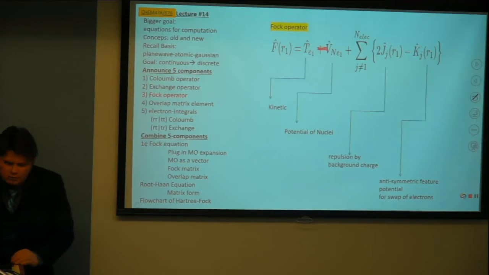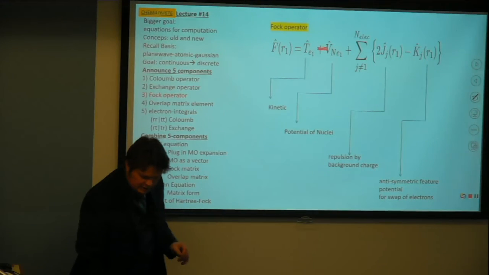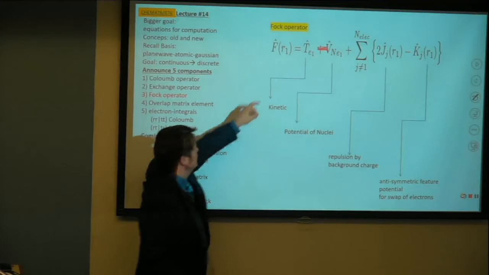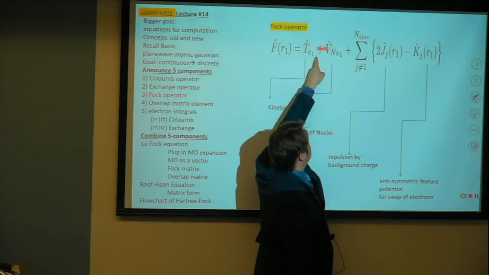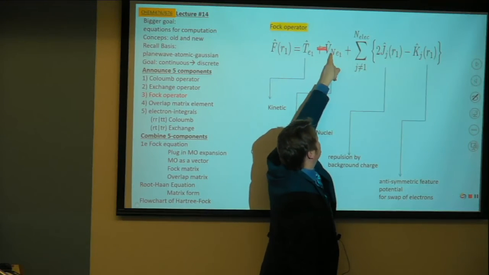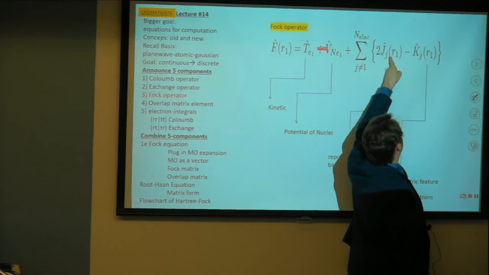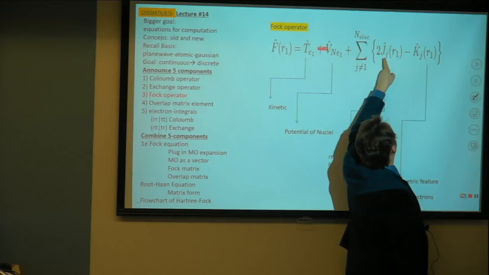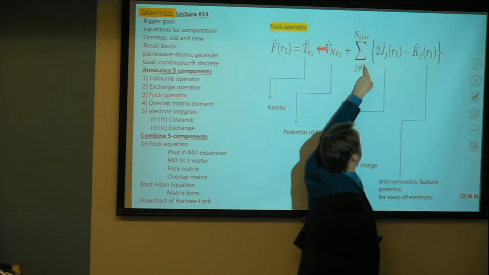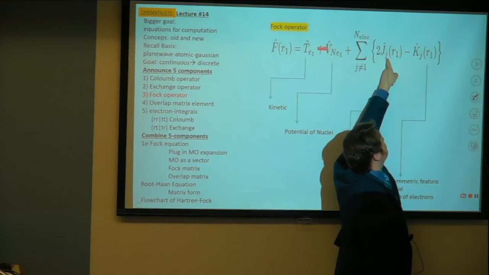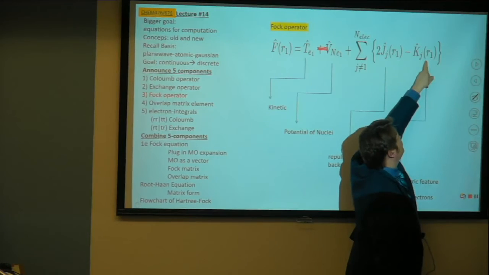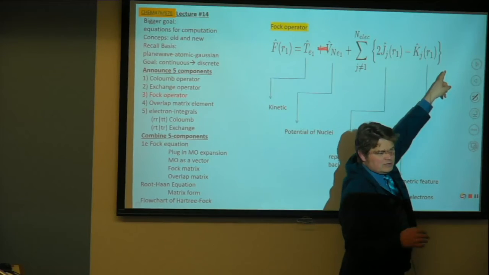So once again, the Fock operator: kinetic energy of the first electron, attraction of the first electron to all nuclei, and then repulsion of the first electron from all but one of the electrons, and attraction to the rest of the electrons through the exchange method.